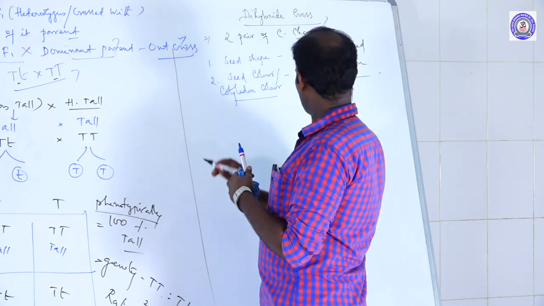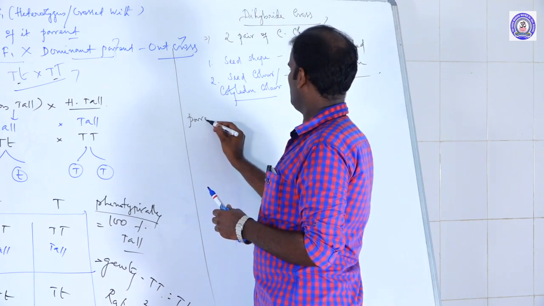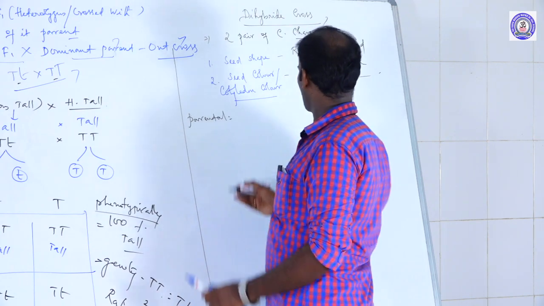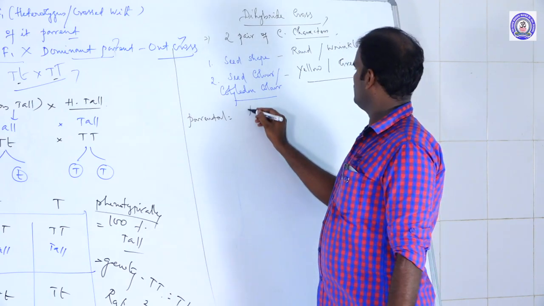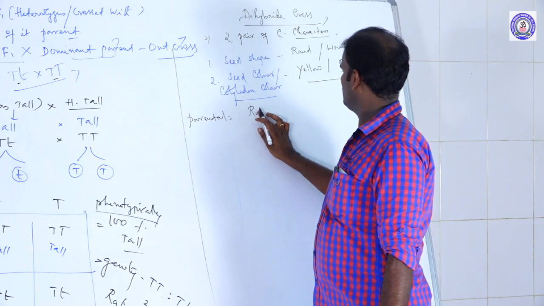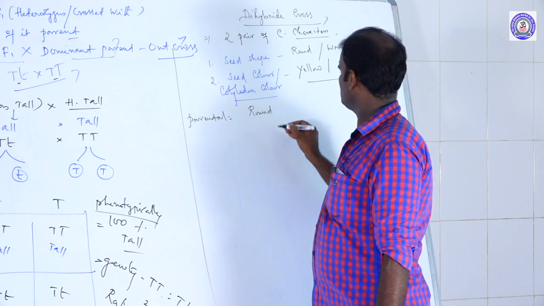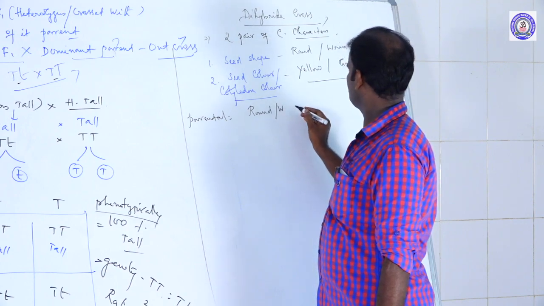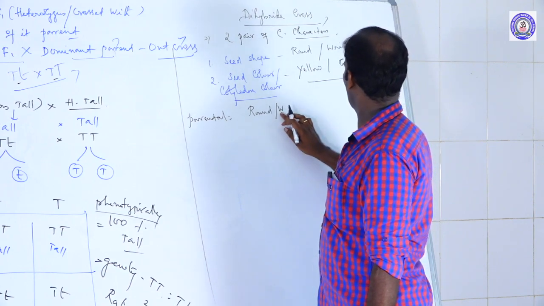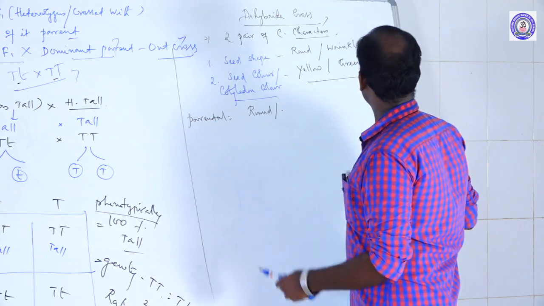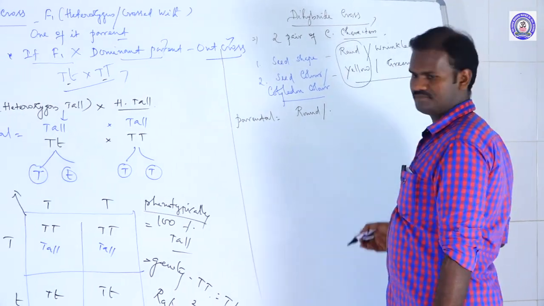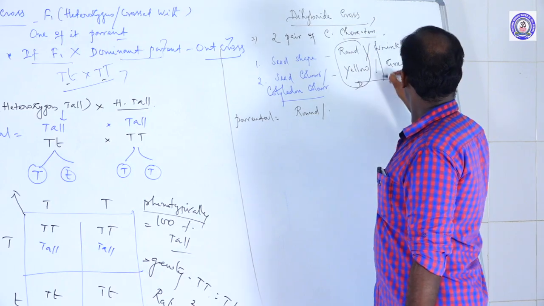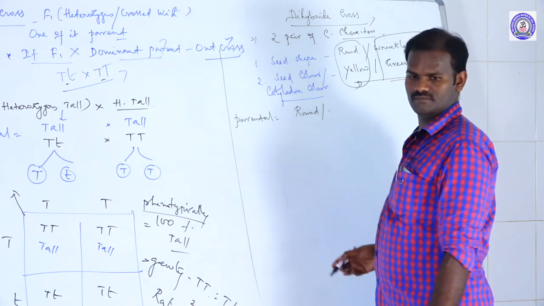The parental generation: round with yellow are dominant, and wrinkled with green are recessive.